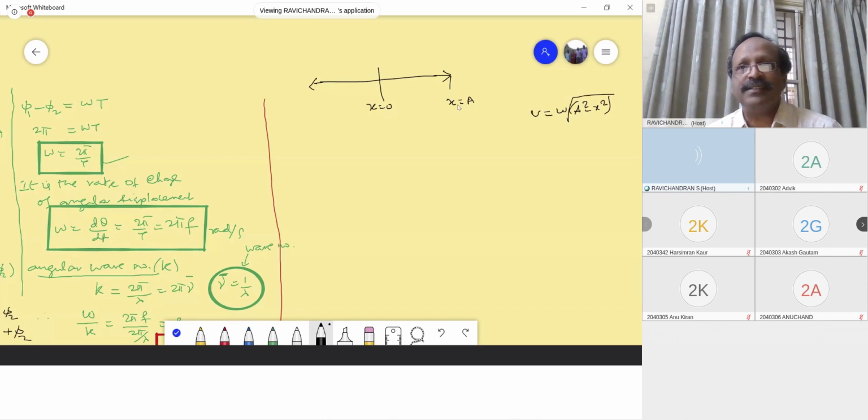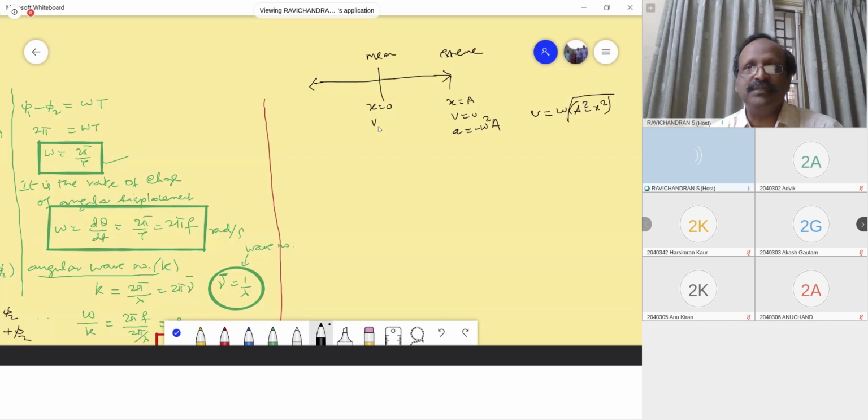So at extreme position velocity must be 0, because x becomes A, so it becomes 0. When this is minimum, acceleration will be maximum, minus omega square A. This is extreme position.